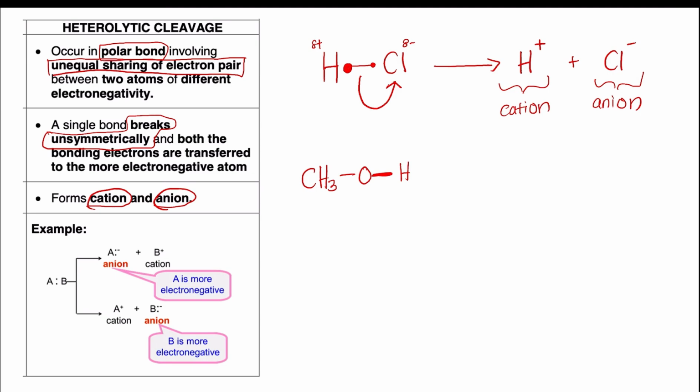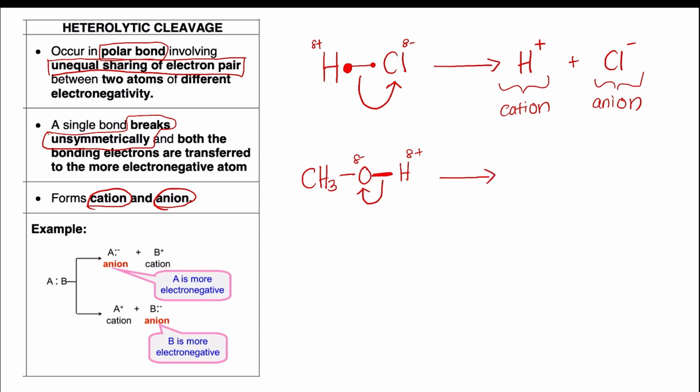So we know OH ini dia lebih elektronegatif berbanding dengan H. So when this bond yang tebal ni, okay, when this covalent bond break, of course it will break unsymmetrically, undergoes heterolytic cleavage. Because this is not a non-polar bond, this is a polar bond. So, siapa yang akan dapat semua elektron? Okey, O yang akan dapat semua elektron.